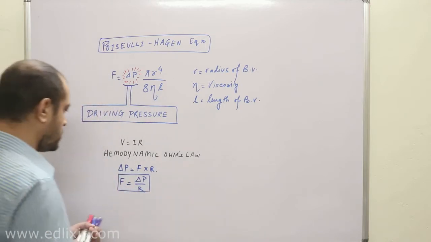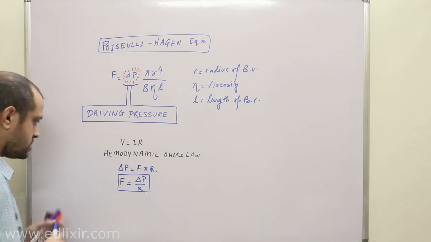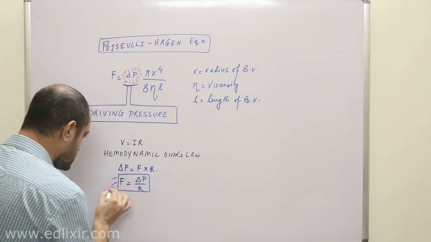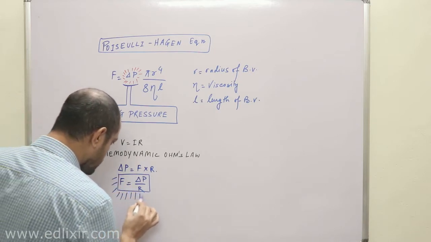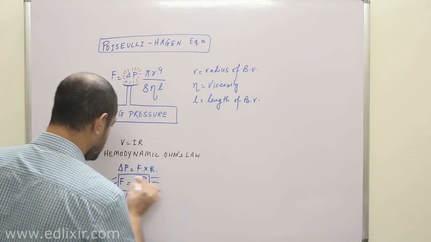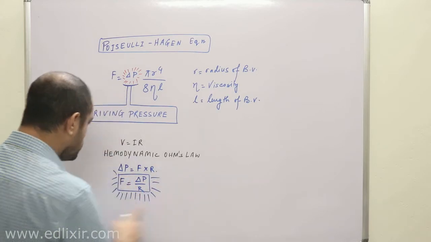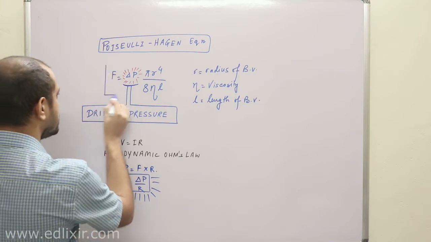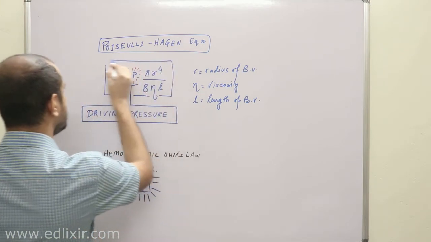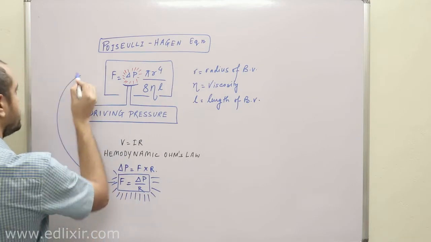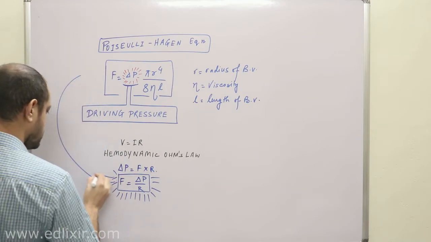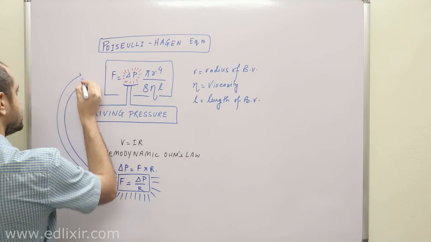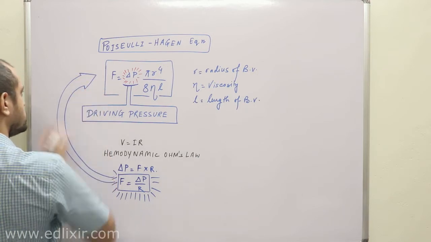Now a very interesting part you need to understand is this. If you now compare this equation with the Poiseuille-Hagen equation, then you will understand a very, very important thing. You know what is that? Now listen with all your attention.